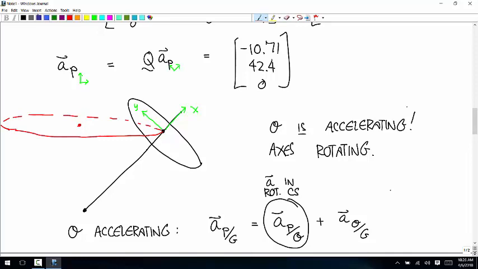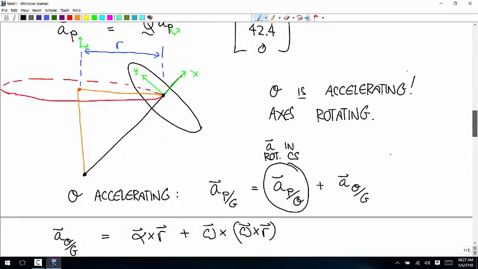And we have to figure out this radius. Well, if you finish that triangle, that's just going to be 1 times the sine of 45.